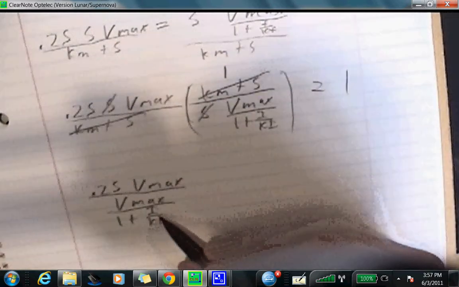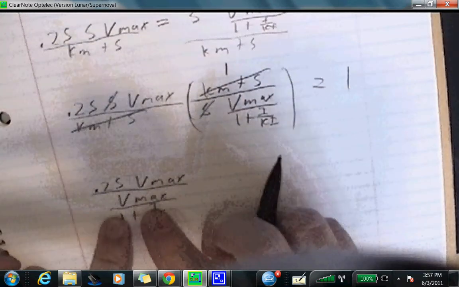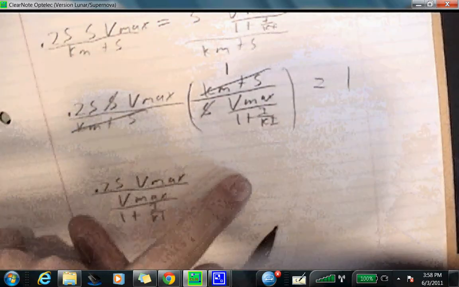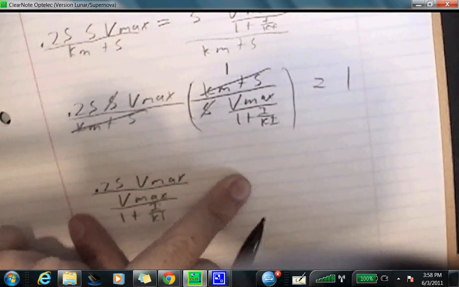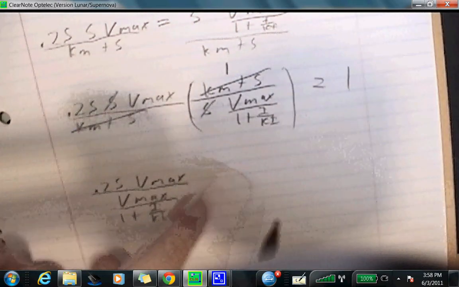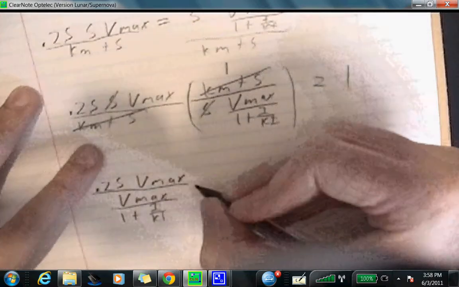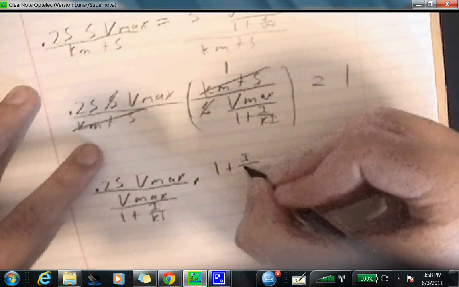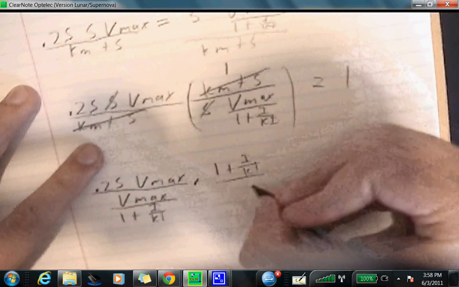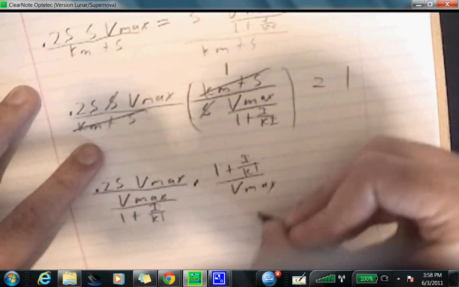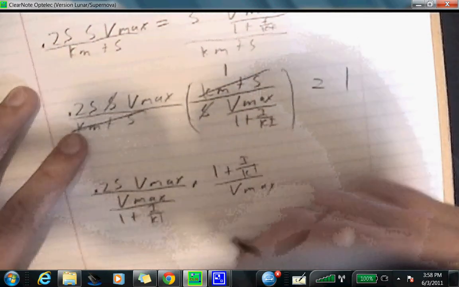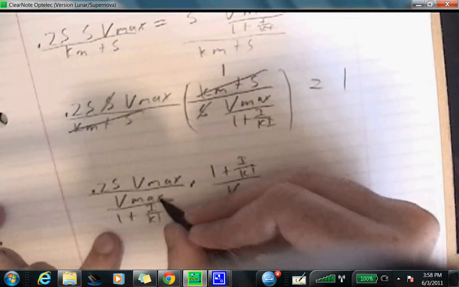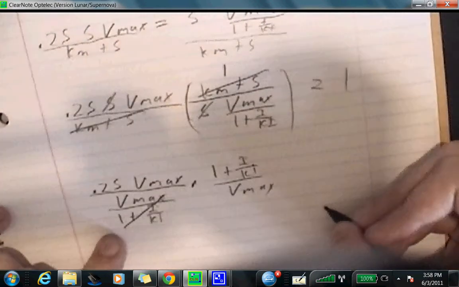Okay, so now all we're going to do is, when you divide this, right, you take this bottom and you flip it and multiply. So this would be the same as saying this. So this is the same as this, so now I'm going to cross this out because it's no longer relevant.